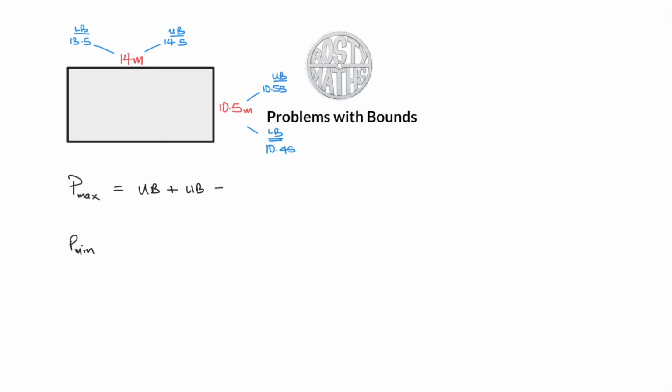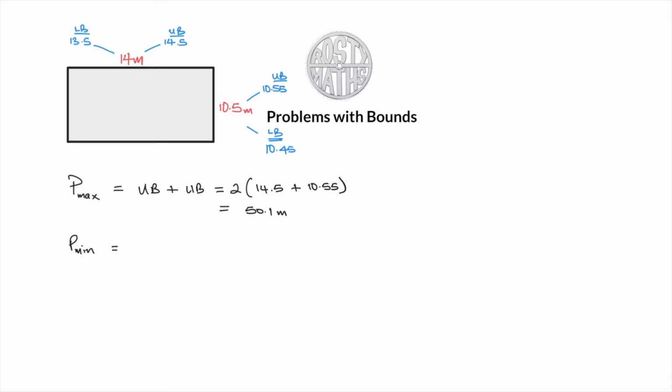So my upper bound would be 2 times the upper bound of the length, 14.5, add to the upper bound of the width, 10.55, and then I will just double that, and that's going to be 50.1 meters, and that's the upper bound.